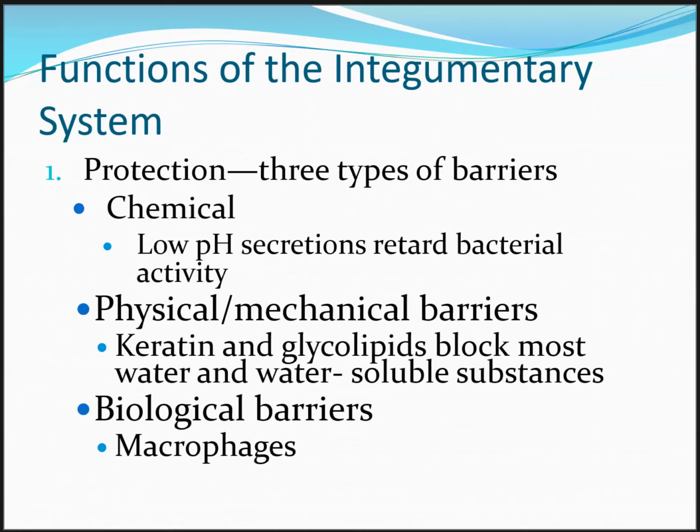Now when this chemical barrier gets disrupted is when people have fungal infection and yeast infection, which is very common in the urogenital region. So when you take a lot of medication and when you're really stressed, women are prone to have yeast infection in the urogenital region. That is because the pH gets disrupted.